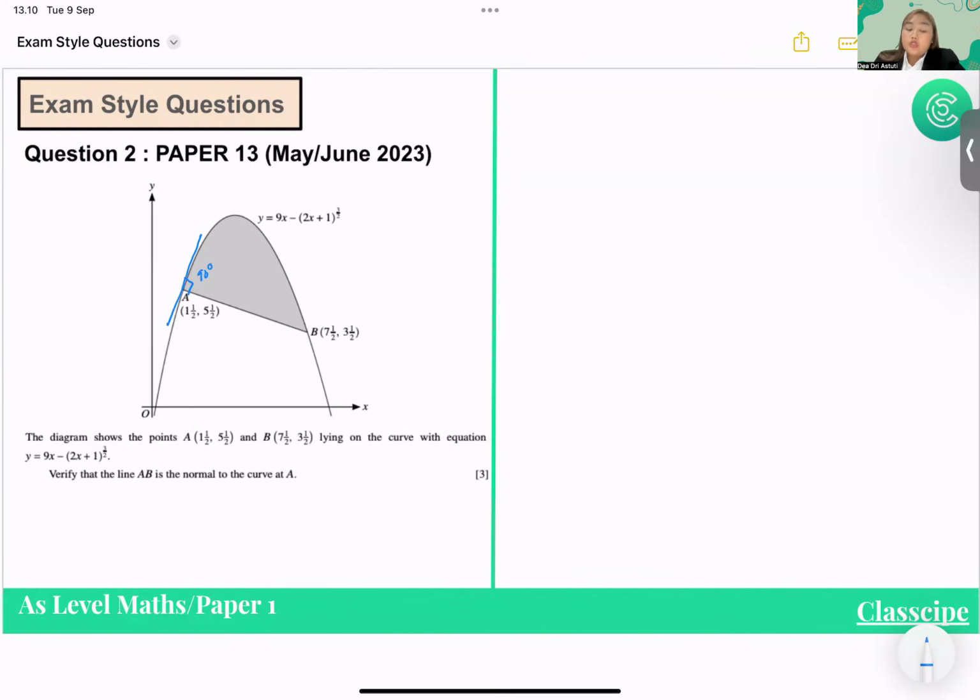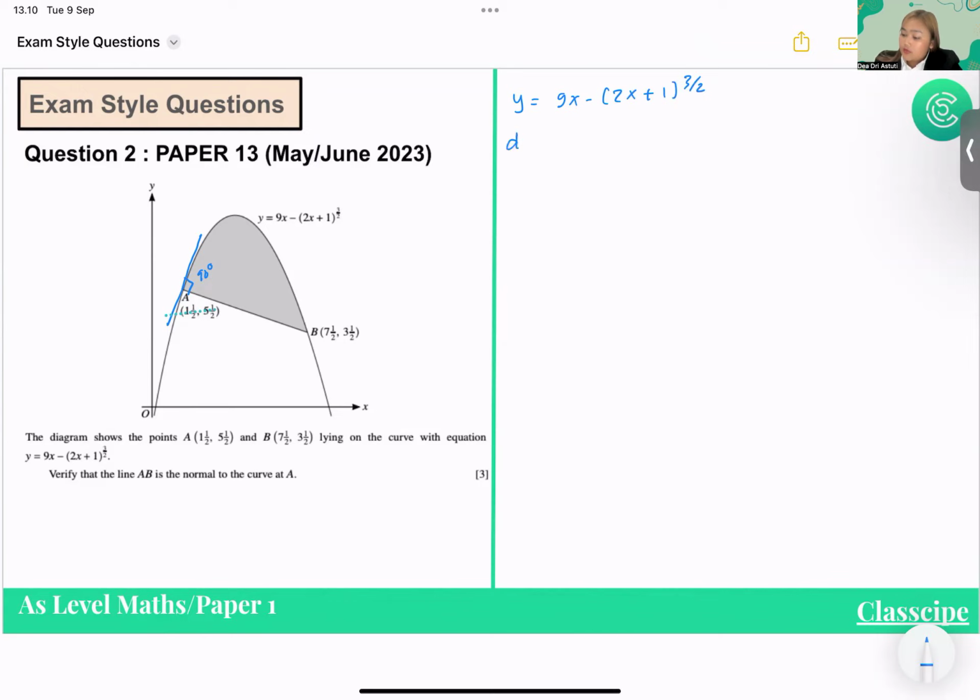To do that, we can check using the gradient. First thing first is the gradient, if we have y equals 9x minus (2x plus 1) to the power of 3 over 2.